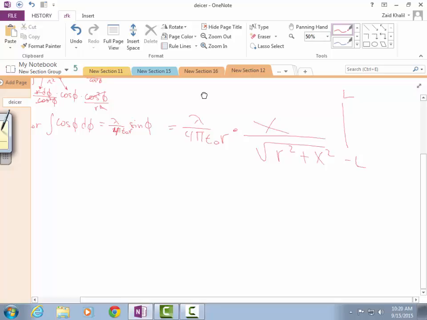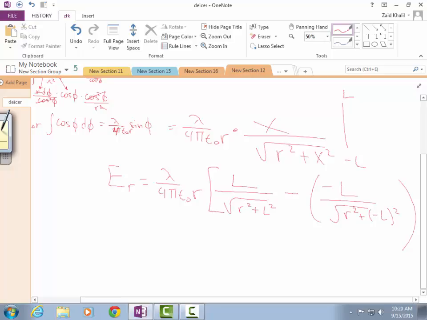This is why, like, the summer assignment, I think for some people. So E of little r is equal to this. You get lambda over 4 pi epsilon 0 little r. And now it's going to be L over the square root of r squared plus L squared, minus negative L over the square root of r squared plus negative L squared. Right?